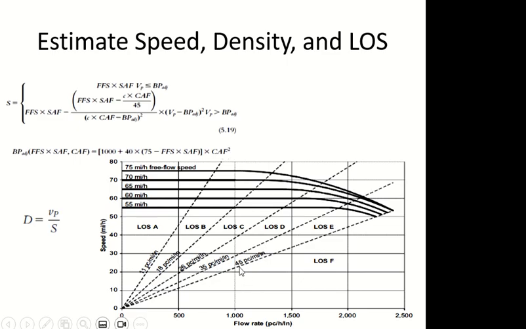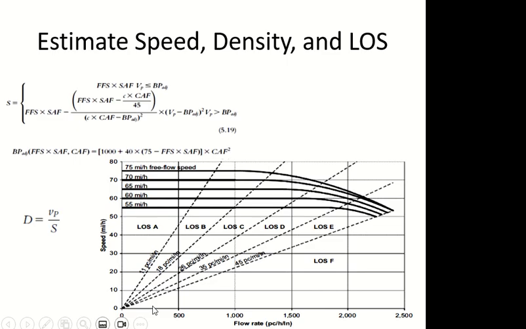So what does density have to do with the graph? How can I plot the lines using the density on this graph? The graph is between flow rate and speed, and density equals flow rate upon speed. So density is basically the slope of this line in the graph.